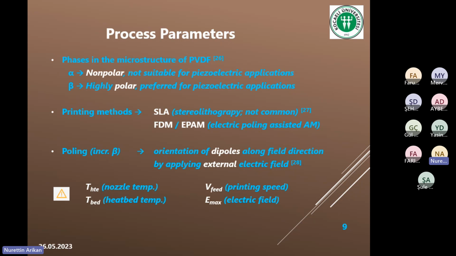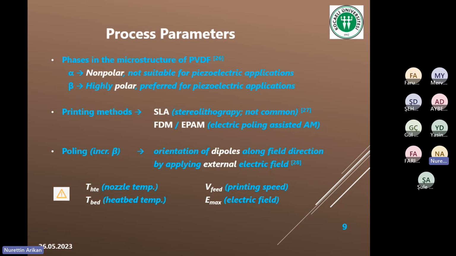I already mentioned the basic principle and the keywords, nozzle temperature, heat bed temperature, and so on. Nevertheless, for PVDF, we need to consider some other parameters, some other details. As you may know, some engineering thermoplastics tend to warp or shrink during printing. This is why they might require closed cabin systems, like in the industrial 3D printers.